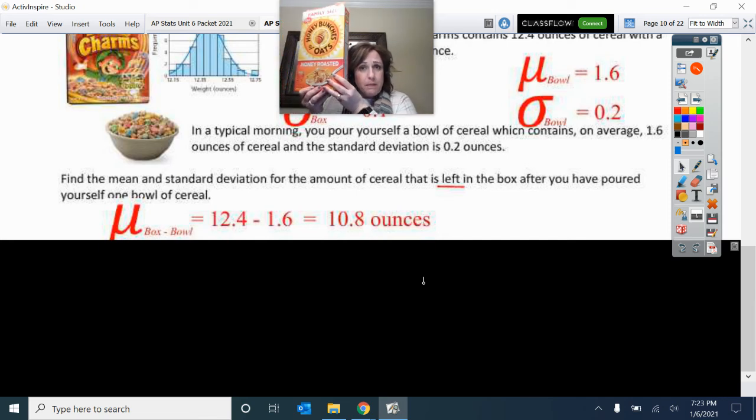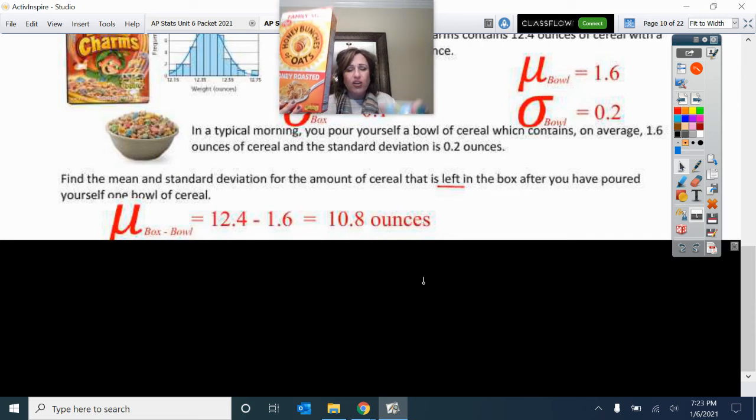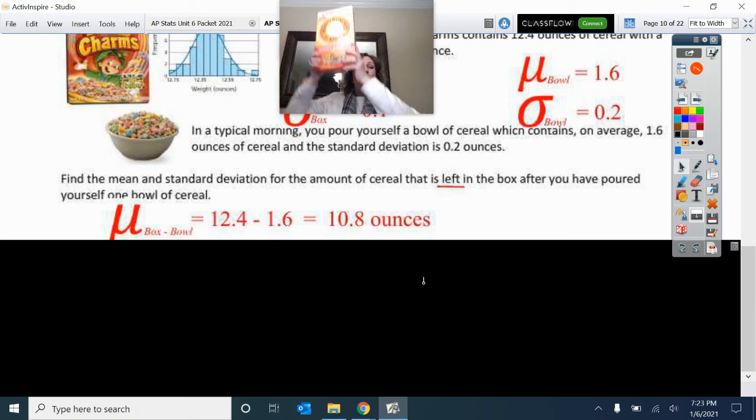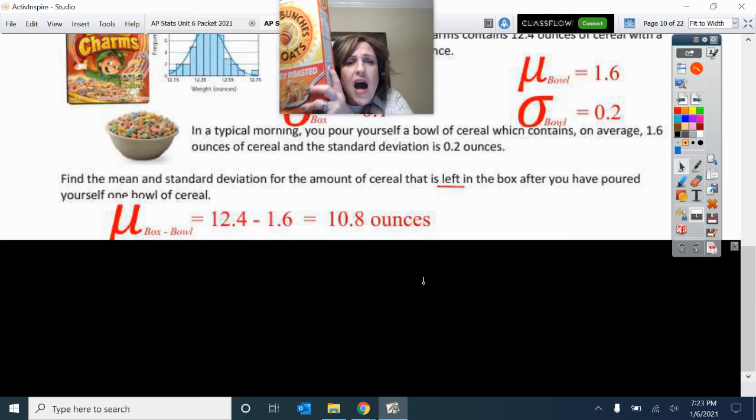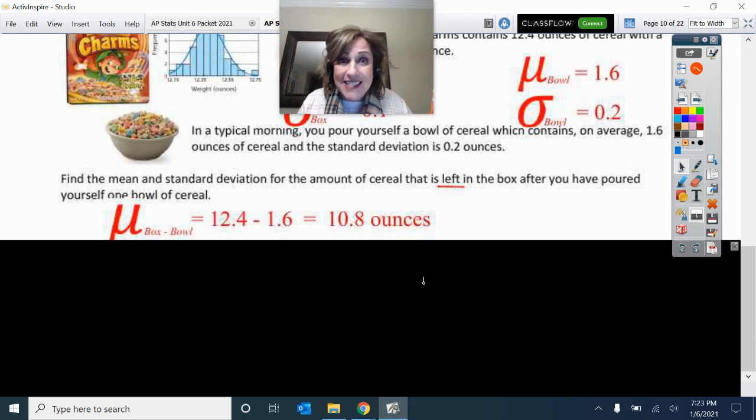Is my variability smaller because I'm subtracting? Or I wasn't sure what was in here, I wasn't sure how much I poured out, so I'm even more unsure of what is left in here. My uncertainty increased, even though I subtracted out my amounts.